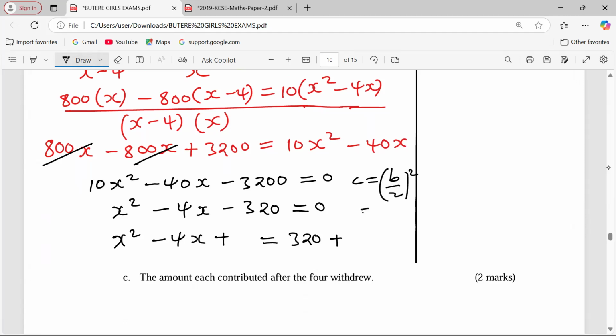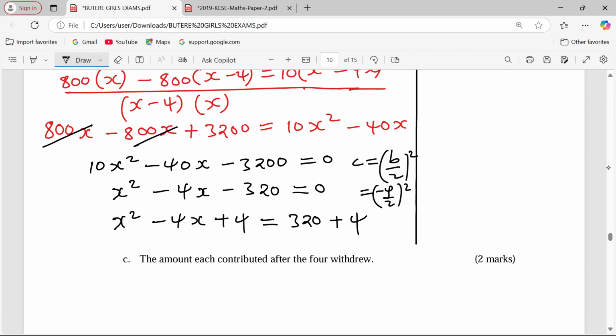So b is negative 4 over 2. Then we square. Negative 2 squared becomes 4. So with this, as we add 4 to both sides, on the right-hand side we are getting 324.